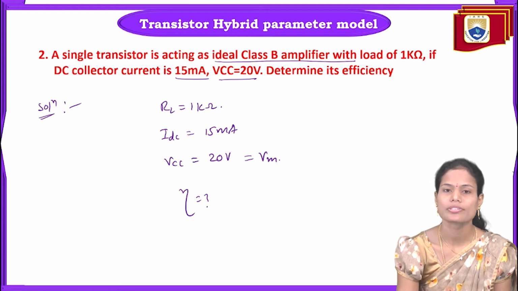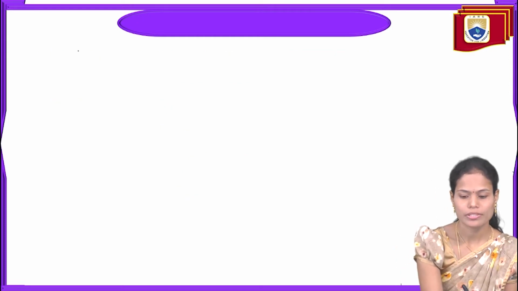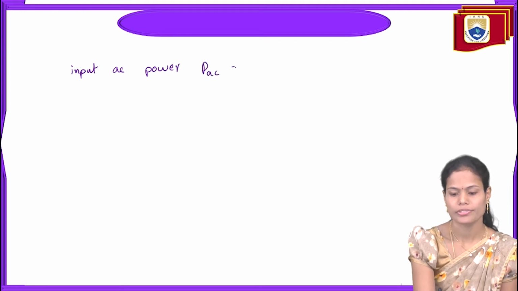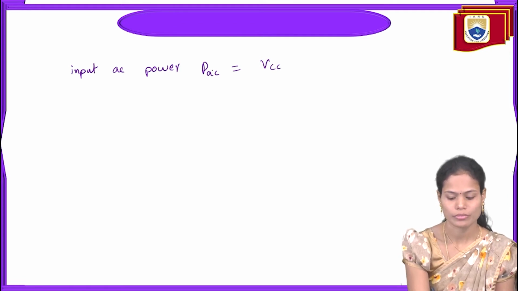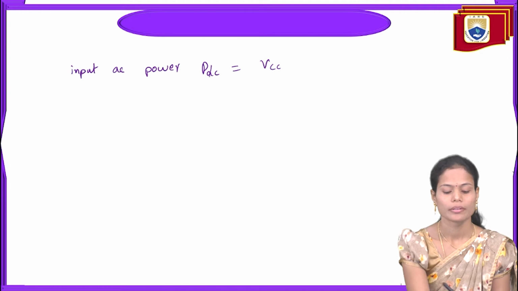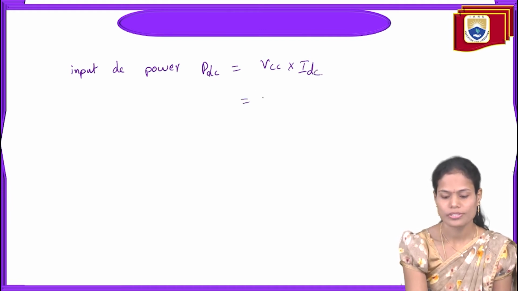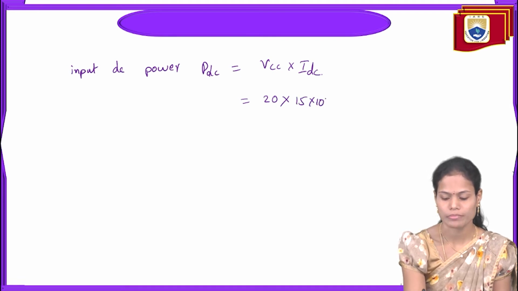So to calculate the efficiency, we require the output AC power as well as the input DC power. So for that purpose, first of all, I am calculating the input DC power, PDC, that is VCC into IDC. This VCC value is 20 volts and the IDC value is 15 milliamps.